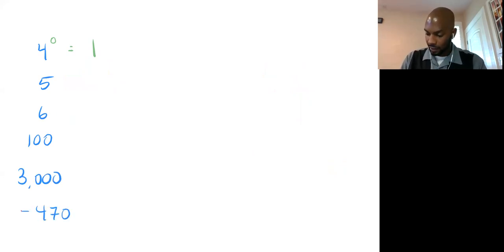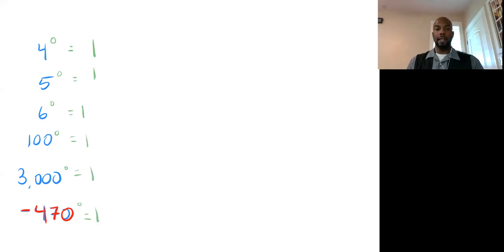I'll write it in red to keep it consistent. If you put these to the 0th power, they all come out the same. Whether positive or negative, it doesn't matter. They are all 1. Okay, that's rule number 1.